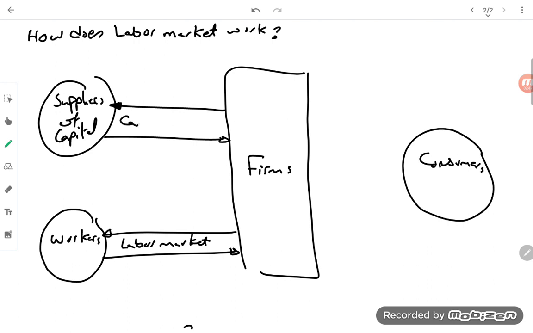So this is the capital market. The interaction between labor and capital, the factors of production, will result in the production of goods and services that will be sold to the consumers through the product market.